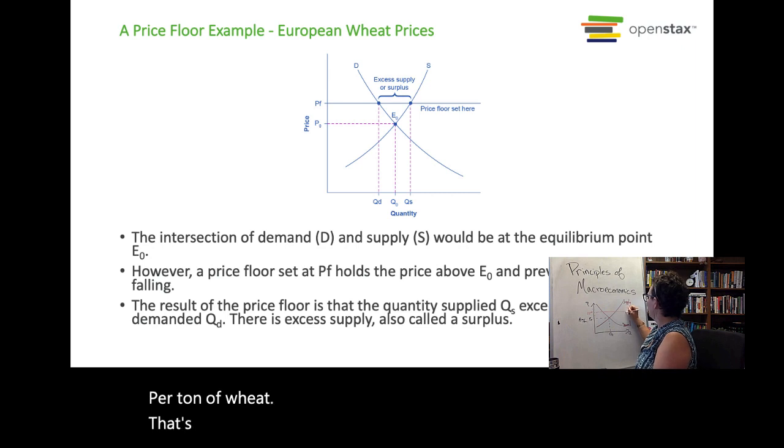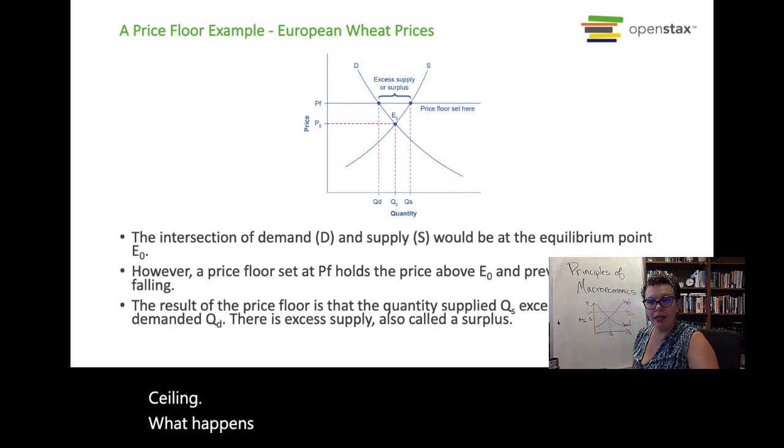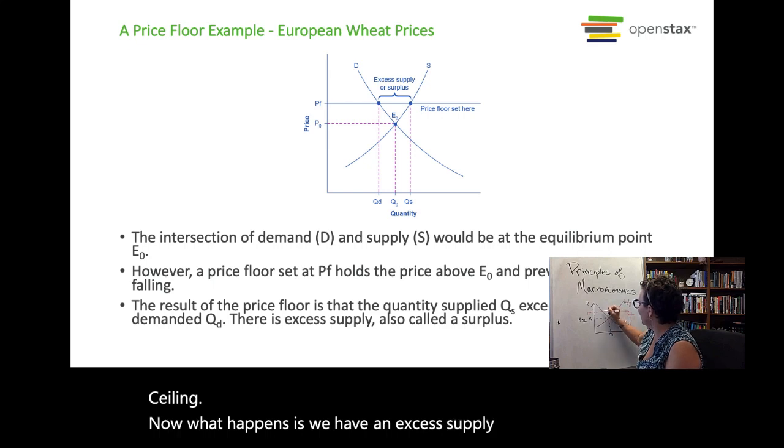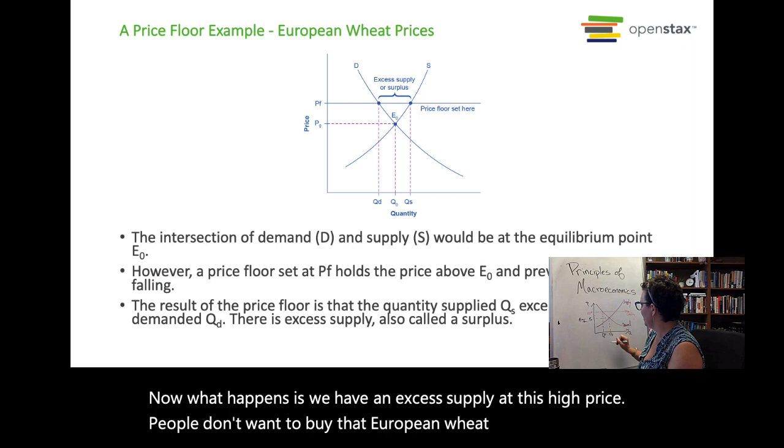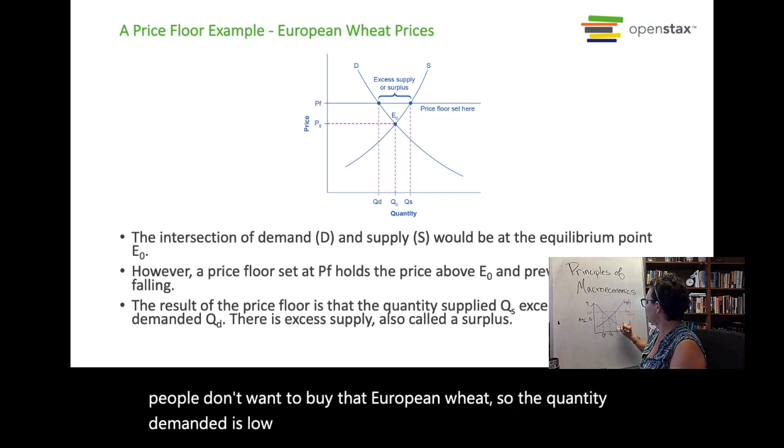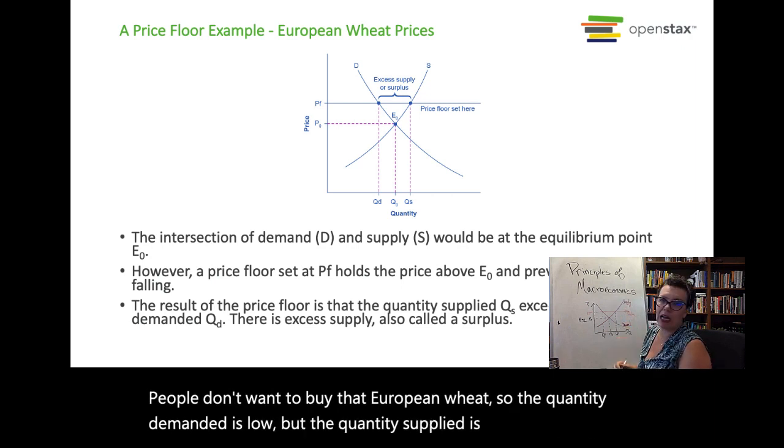That's going to be the price floor. Now what happens is we have an excess supply. At this high price, people don't want to buy that European wheat, so the quantity demanded is low, but the quantity supplied is very high.